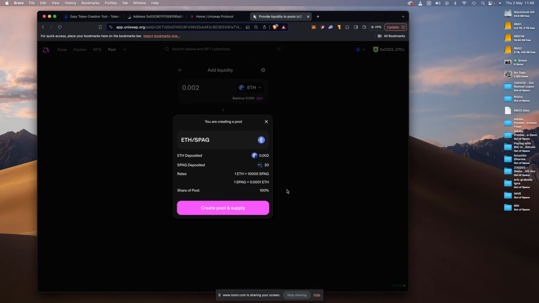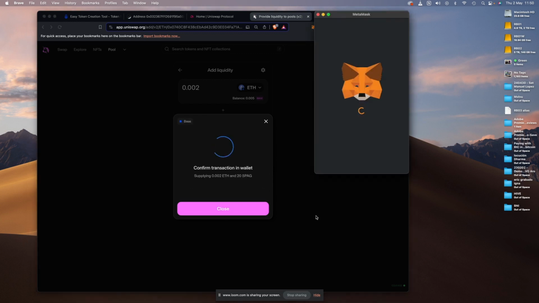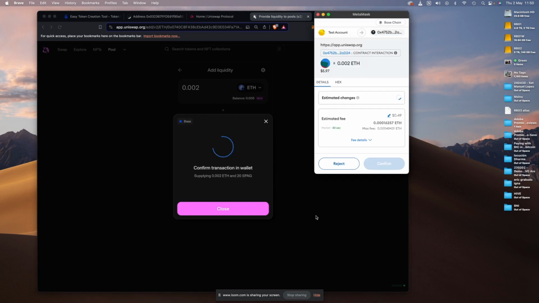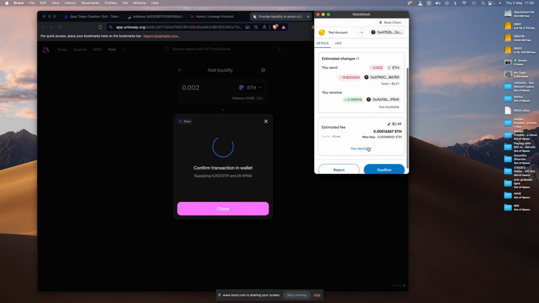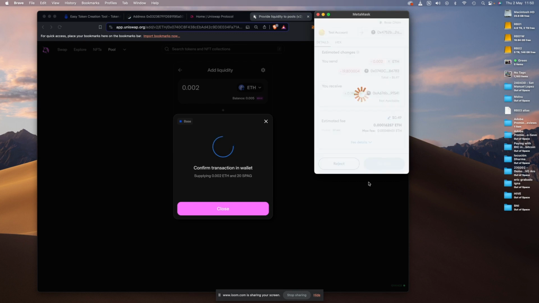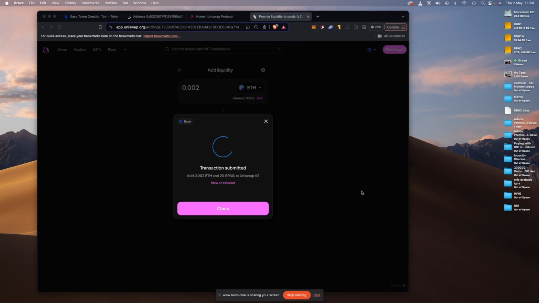You can review how much SPAG you're depositing, as well as how much ETH. You can review the exchange rate, and I will initially have 100% of the pool. All I need to do now is check my fees and confirm the transaction on MetaMask.